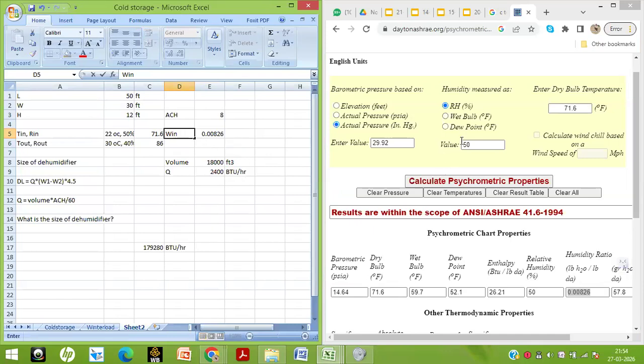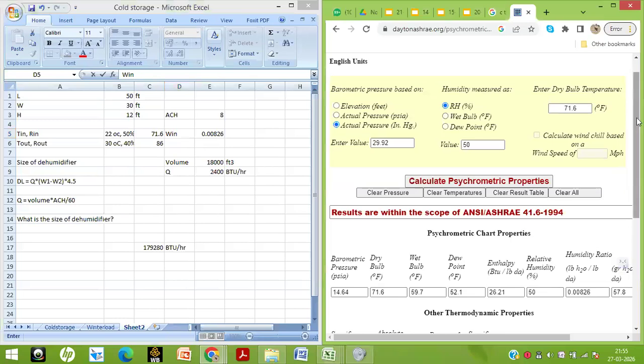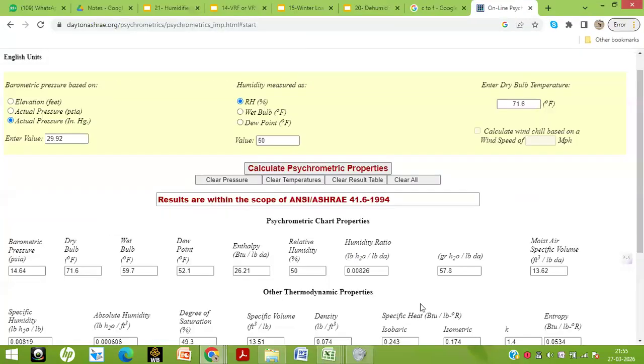My humidity ratio value is W. Actually, sir, I have taken the next one, 57.8. No, it should not be. The humidity ratio we need to consider. But this is also a humidity ratio, sir, no?